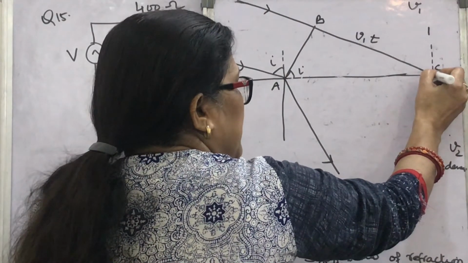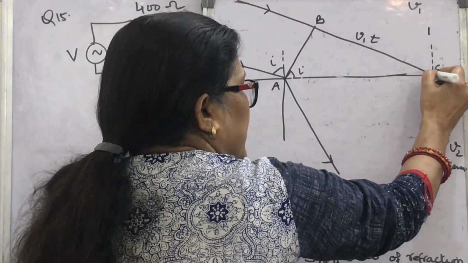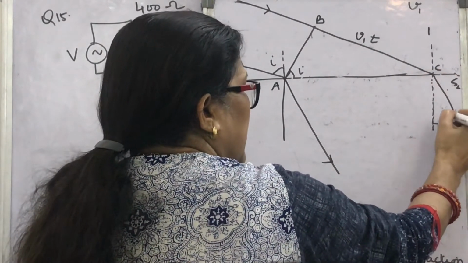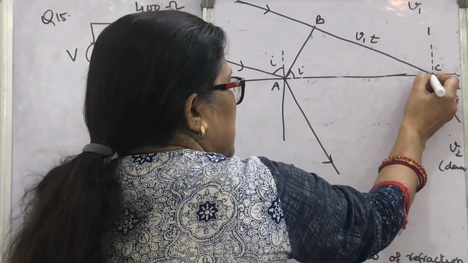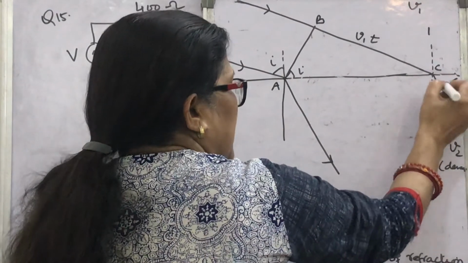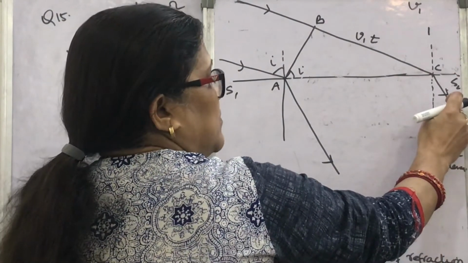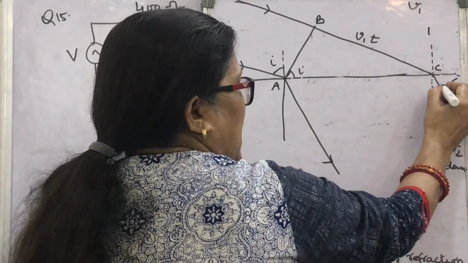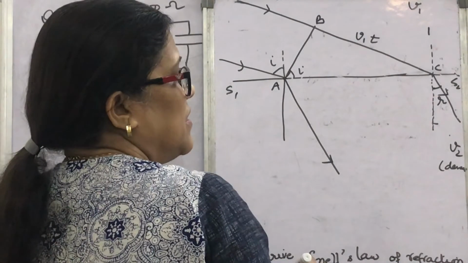Then you have to draw parallel to this ray a ray from here like this, to show that if this is the ray refracted in the second medium, then it is also bending, with the angle of refraction shown by this ray being R.